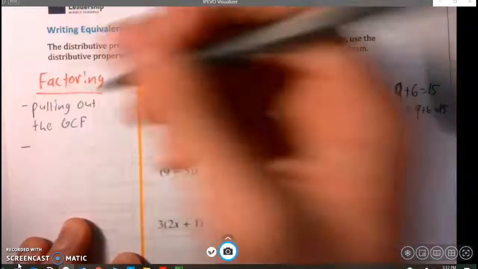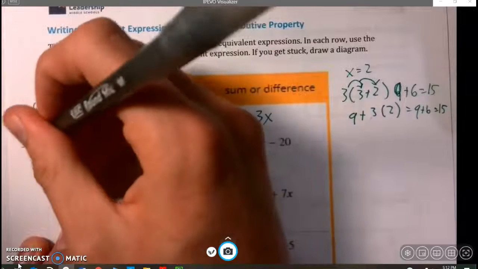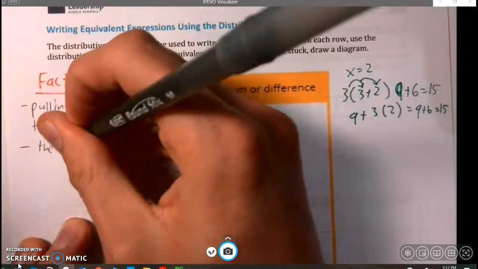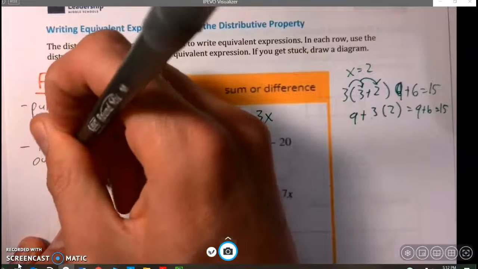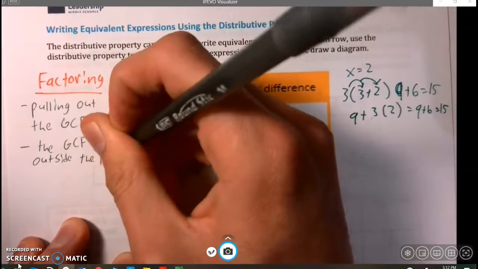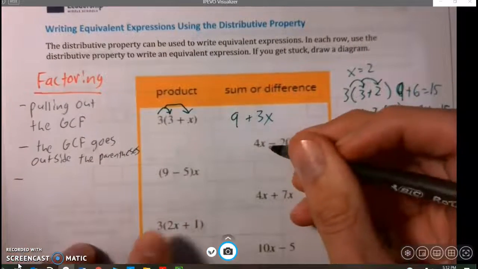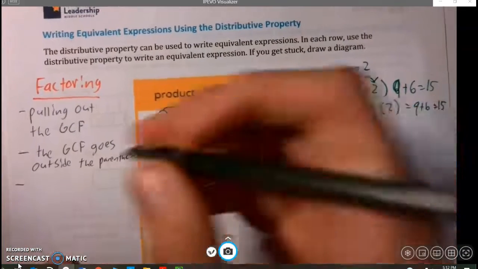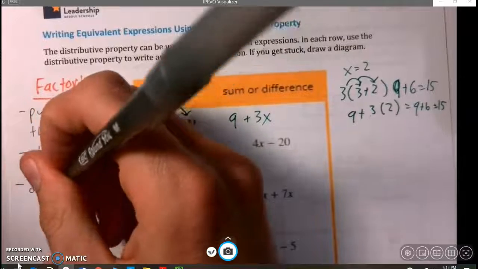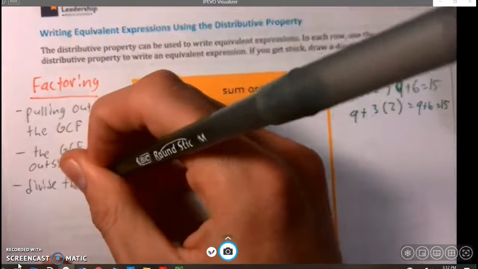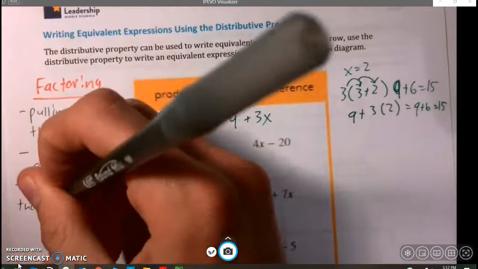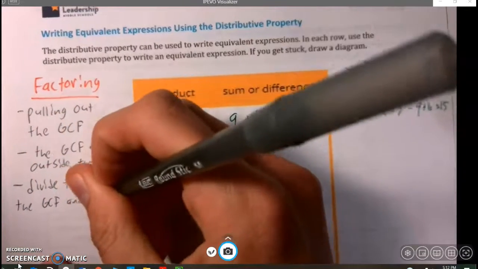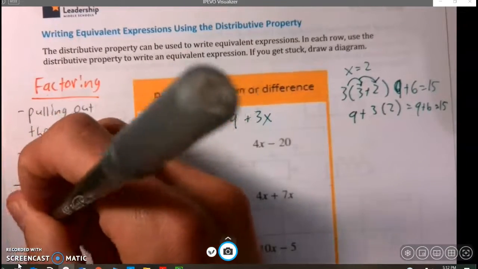And whenever you pull out the GCF, it goes outside the parentheses, and then you divide the terms by the GCF, and that stays in the parentheses.